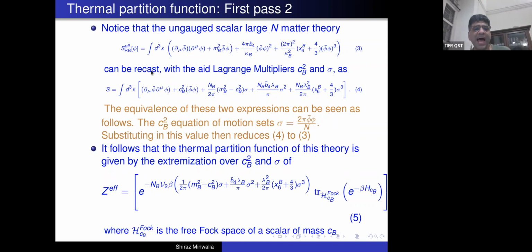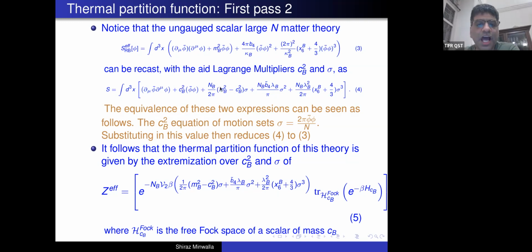Now, this action here can be recast as an exact statement as the action for the same scalar fields, but coupled to a couple of Lagrange multiplier terms. So the Lagrange multiplier terms are sigma and CB square.